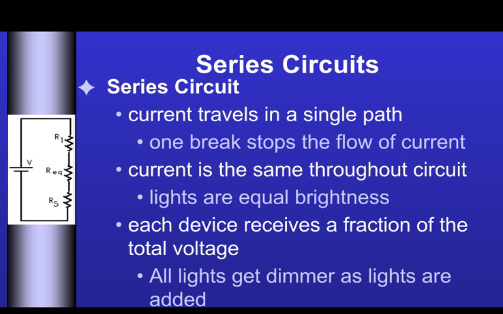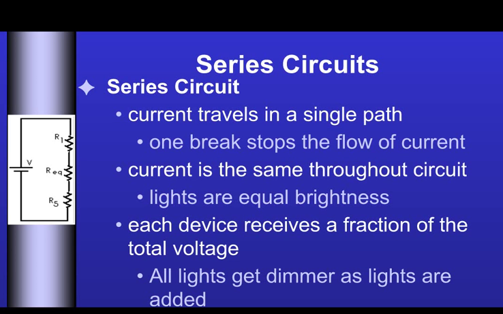The current is the same throughout the circuit, so the lights are in equal brightness. There's not going to be one section that's brighter than the other. Each device is going to receive a fraction of the total. So let's think about Christmas lights.